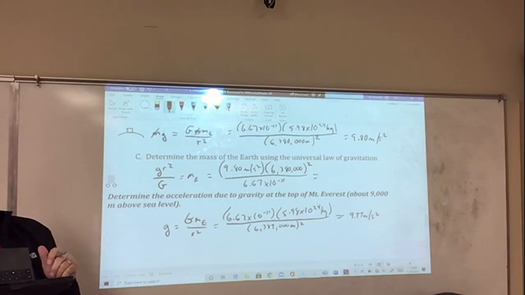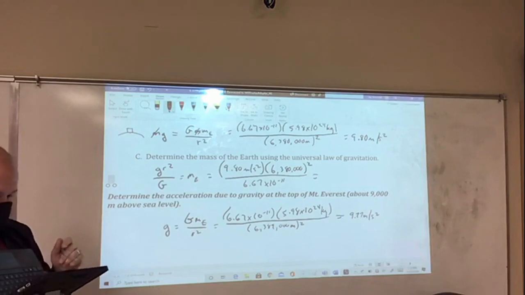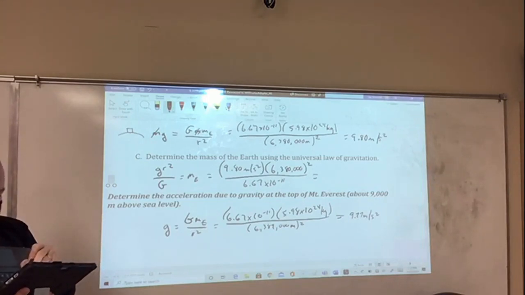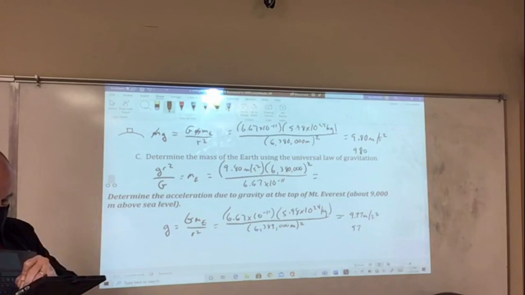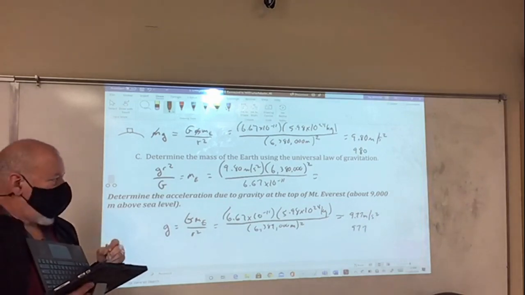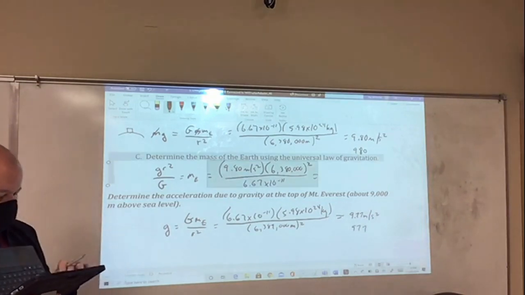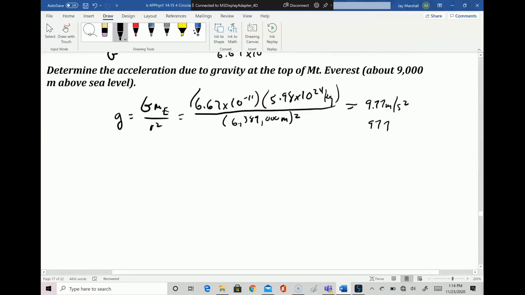That's not a difference that you'd be able to feel though. If you were 100 kilograms at sea level, well, you're going to be 100 kilograms on top of Mount Everest too, but that would mean that you would be 980 newtons here and 977 newtons there. That's less than a pound difference.